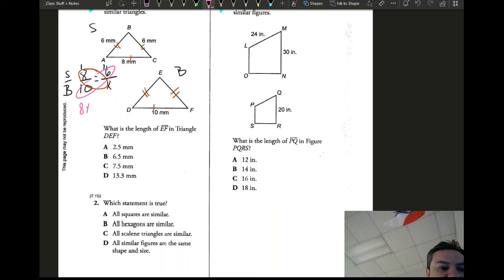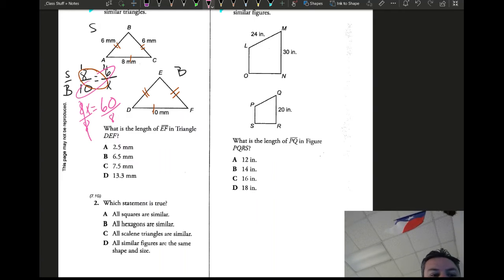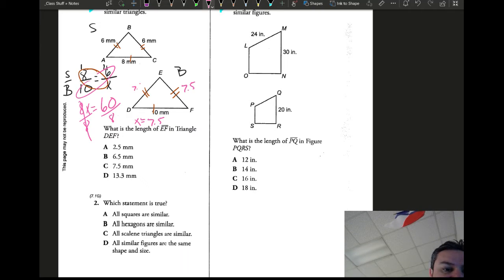So you get 8x equals 60. Divide by 8, divide by 8. 60 divided by 8 gives you 7.5. So x equals 7.5. This is 7.5. This is TiVo. Top in, bottom out.